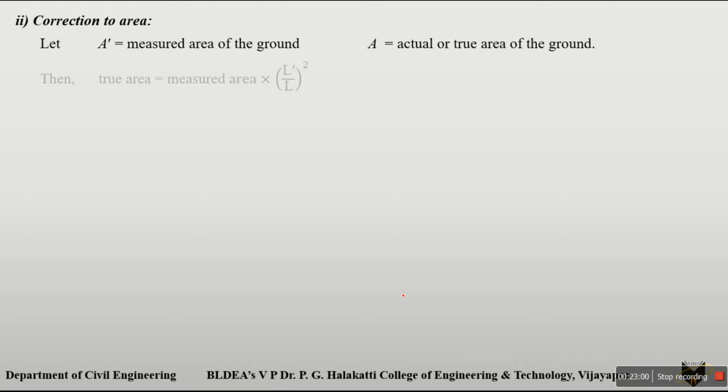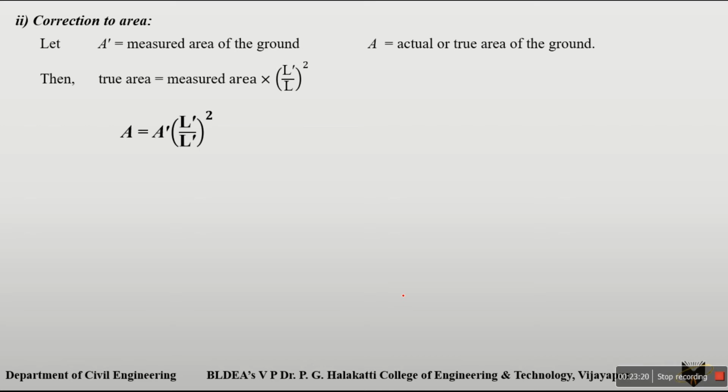Suppose you have measured the area. In that condition, where the chain or tape has an incorrect length compared to the true length, we can also apply the correction for the area using this formula. A dash is the measured area of the ground, A is the actual or true area of the ground. True area is equal to measured area multiplied by L dash by L whole square.